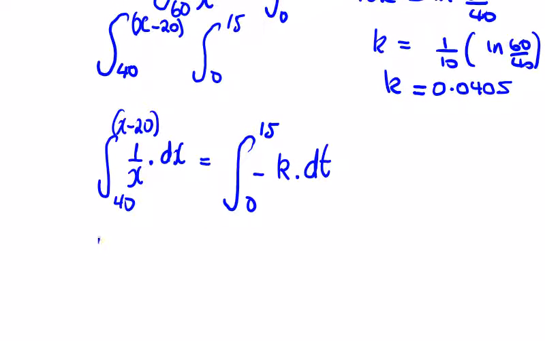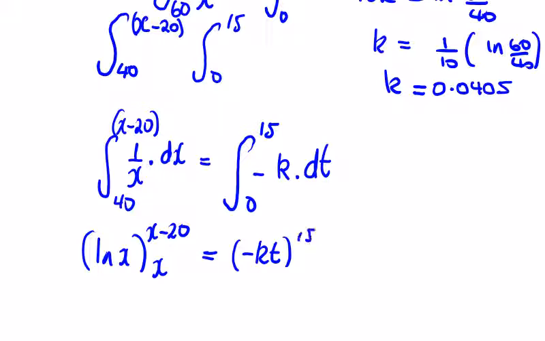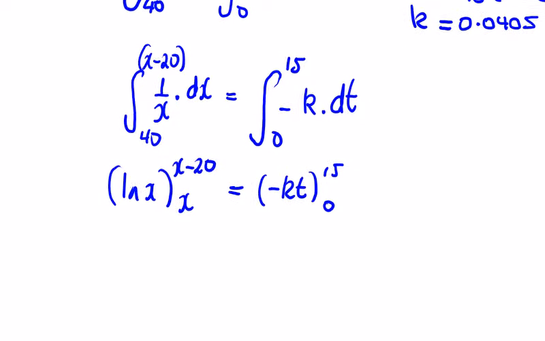So the left hand side becomes the natural log of x between x minus 20 and x equal to minus kt. I know you can do this quicker, I'm just doing each step as it comes. So the natural log of x minus 20, to find this new temperature, minus the natural log of x is equal to minus 15k.